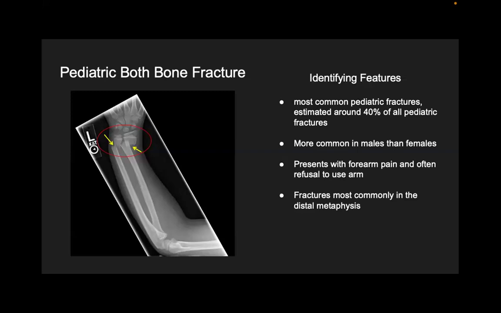So what do I see? You could start off with the anatomy, just describing the fracture. Where's my fracture? Okay, right. So we're talking about a fracture that's going through the radius and the ulna. So that's a good place to start.